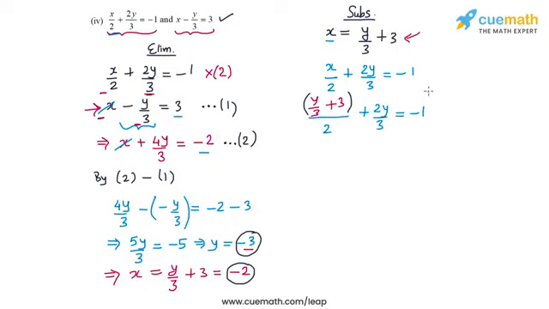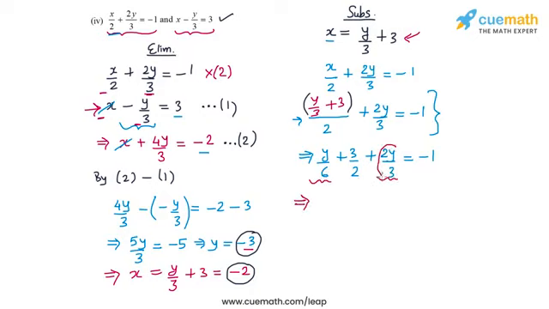Now this is an equation in y alone, so let's solve it to find the value of y. So y by 3 plus 3 by 2, this first term can be written as y by 6 plus 3 by 2, and then we have this 2y by 3, this is equal to minus 1. So if I now add y by 6 and 2y by 3, so let's make the LCM equal.